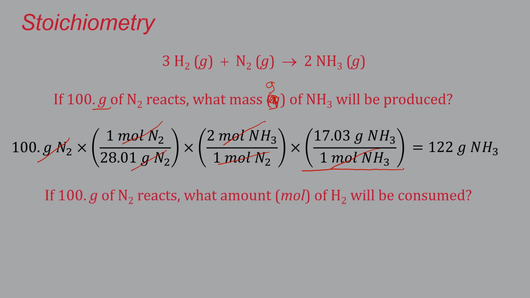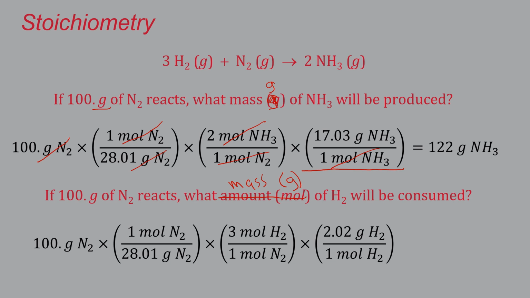And I'll give you one to try for yourself. Same deal, 100 grams. What mass in grams of H2 do you expect to be consumed? So the setup is pretty comparable.